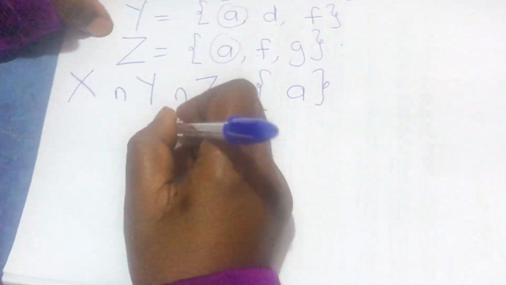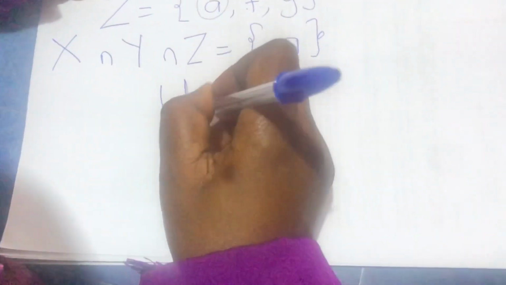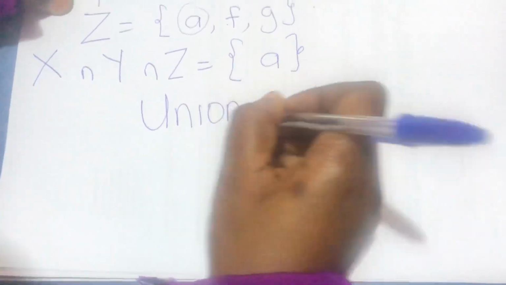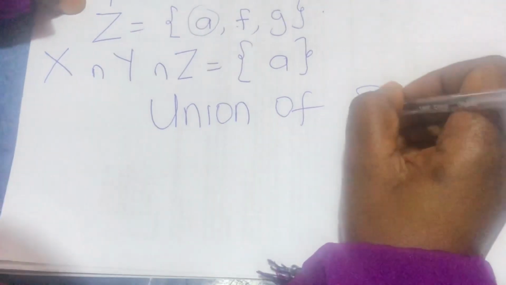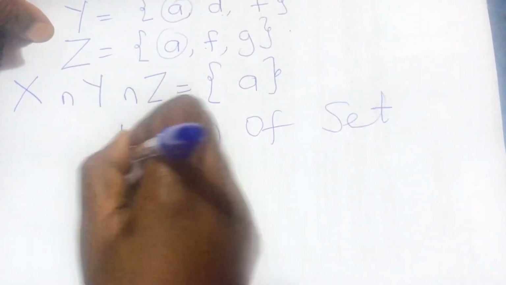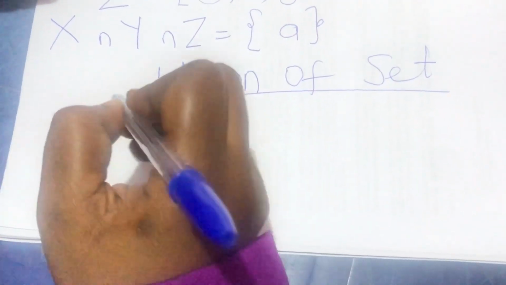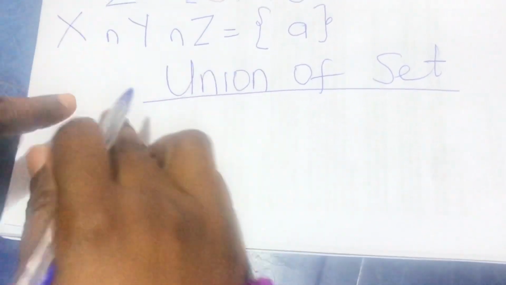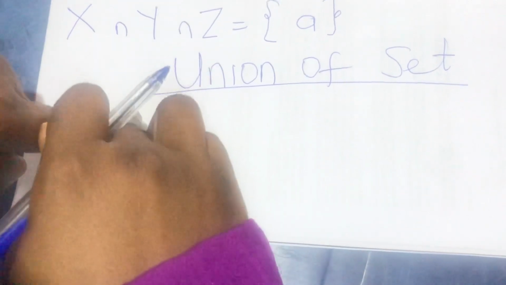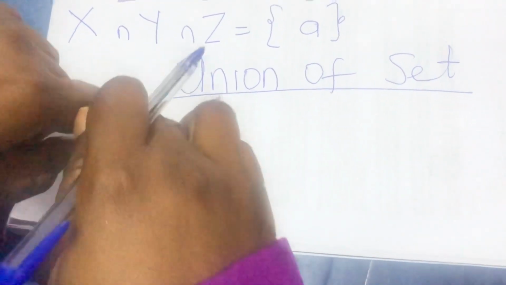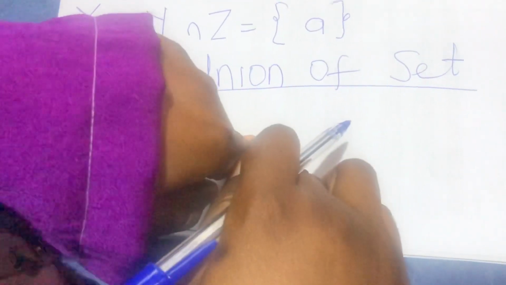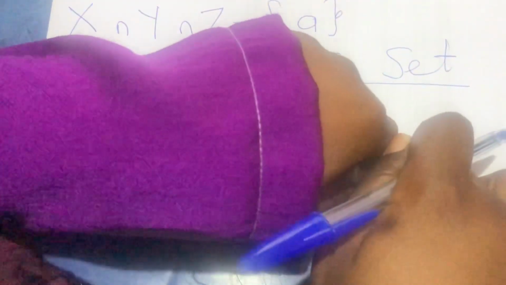Another one is union of sets. Union of sets will be those elements that are present in one set or the other set or in both sets.